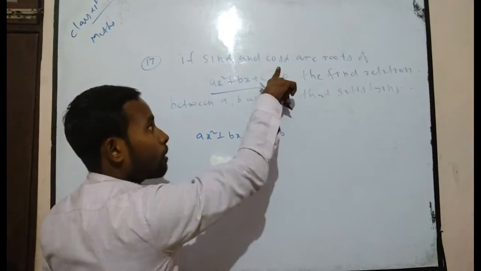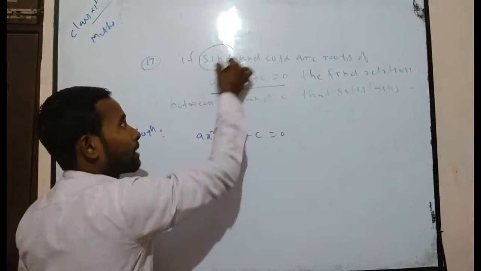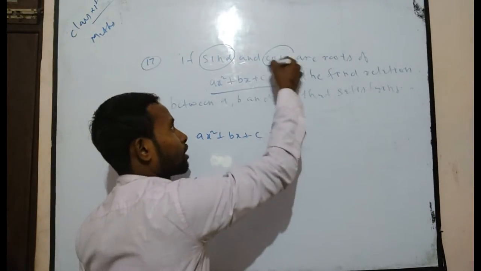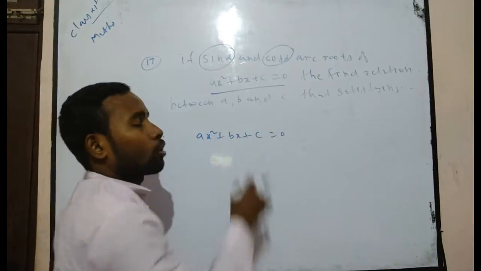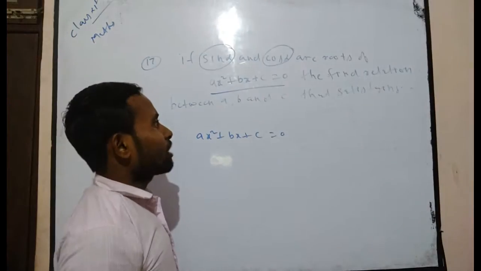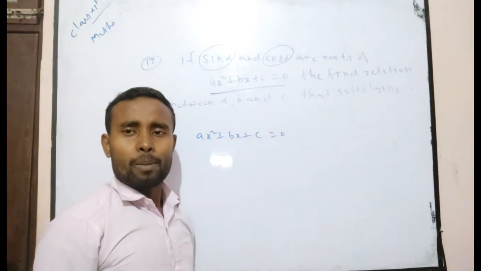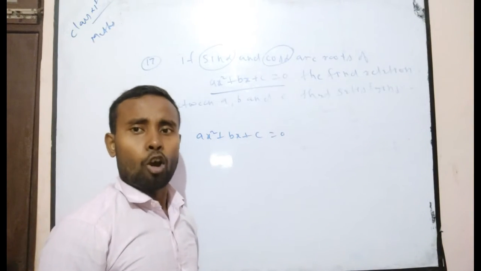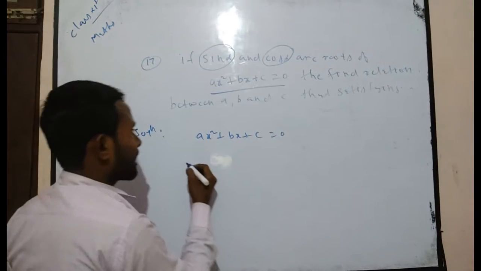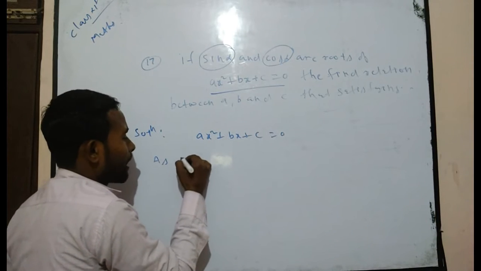So suppose sin alpha is alpha 1 and cos alpha is beta 1. In that case, as you know, the sum of roots will be the negative coefficient of x divided by the coefficient of x square.